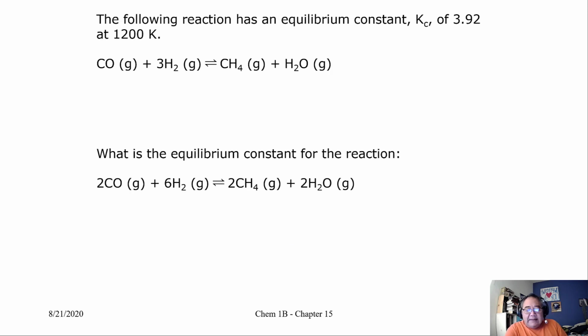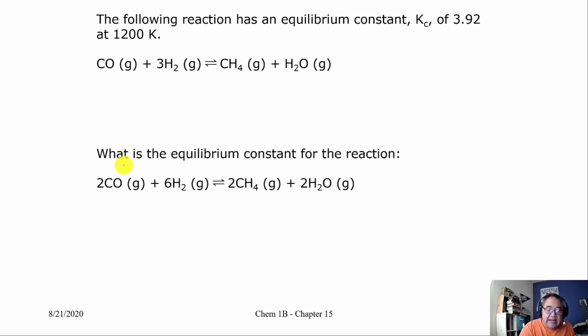So let's practice this a little bit. The following reaction has an equilibrium constant Kc of 3.92 at 1200 degrees Kelvin. What is the equilibrium constant for the reaction that's shown below? Now, what you have to do is figure out what the relationship is.